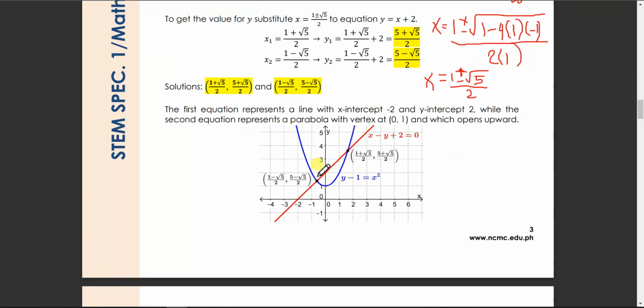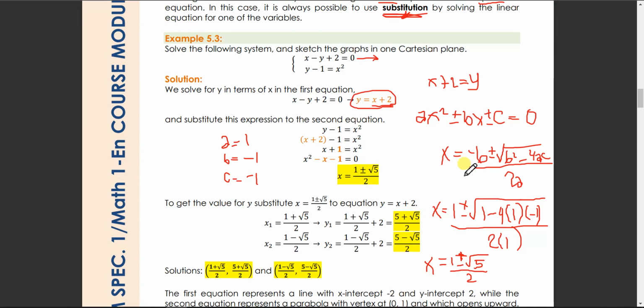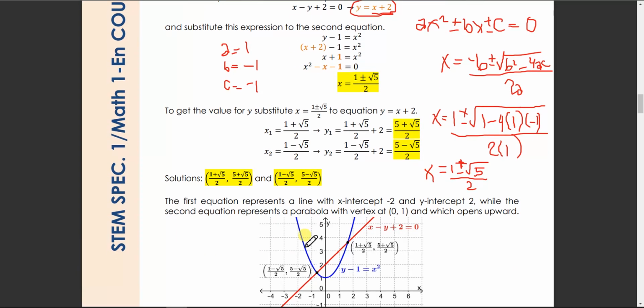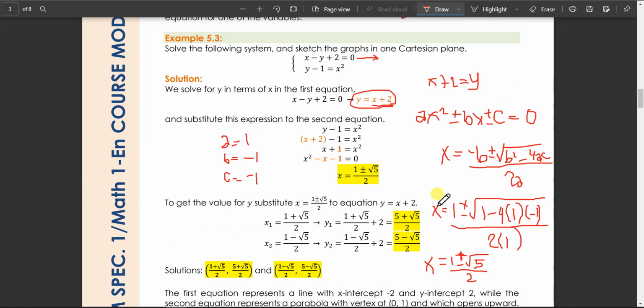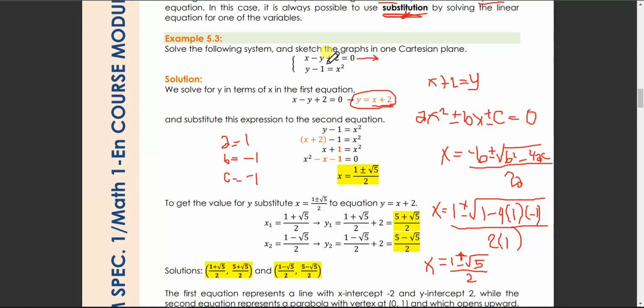So if you're going to plot that, so the first equation represents a line with x-intercept equal to negative 2 and y-intercept equal to 2. So recall again, if you are asked to find the x and y-intercept of your linear equation, that is by simply equating, imuhang iset ang value sa imong x or sa imong y by 0.